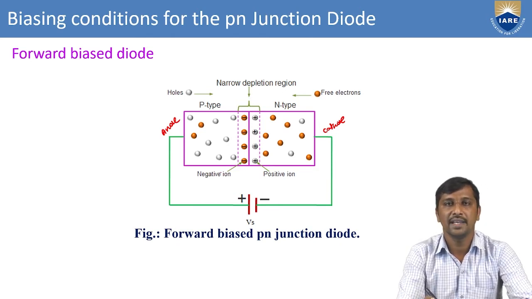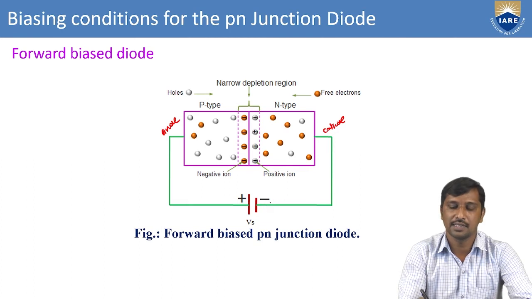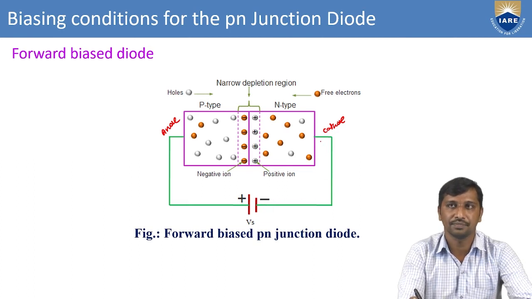So here, to make this forward bias, we need to take some external source. That external source I consider as a voltage source here. And this voltage source has two polarities, positive and negative. The positive polarity of the source is connected to the anode of the PN junction, and similarly the negative polarity of the source is connected to the cathode here.